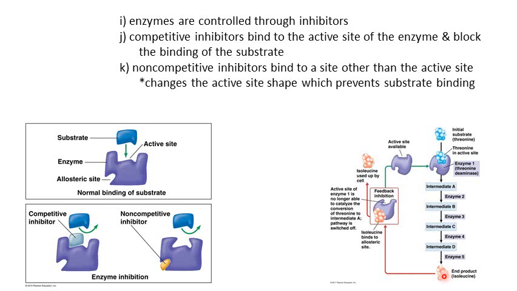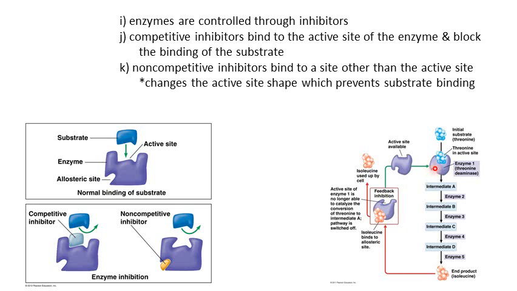Now, when a cell is using isoleucine up, then that's fine. But once a cell has been told, or it understands that it no longer really needs to build that particular protein, or it's not needing isoleucine as much, then isoleucine will actually start binding to the allosteric site of threonine deaminase.